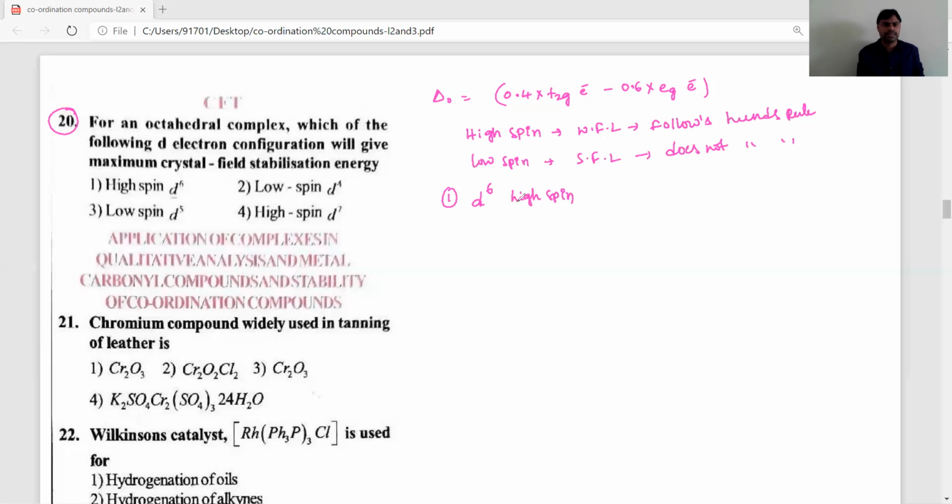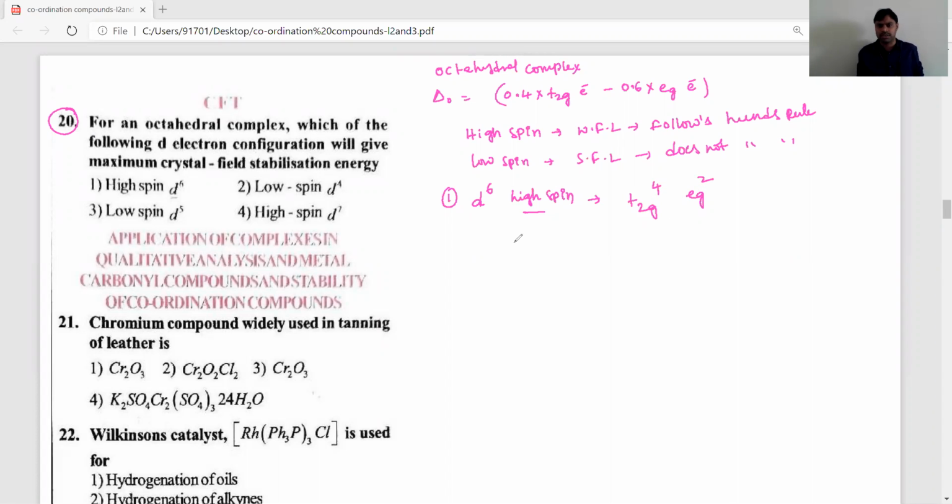D6 with high spin follows Hund's rule, meaning the presence of weak field ligands. How will the 6 d electrons be distributed in an octahedral complex, dear students? They are distributed as T2G4 Eg2, according to Hund's rule.